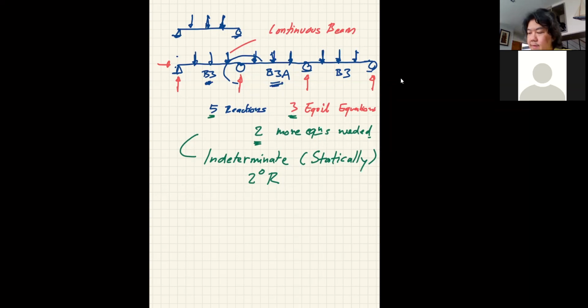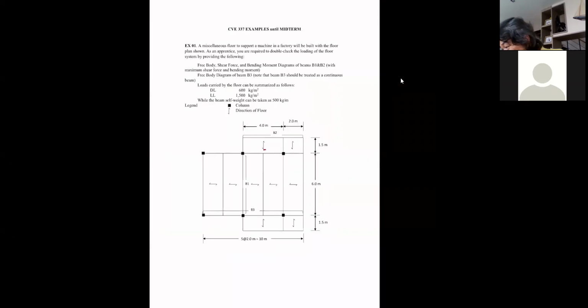And one more thing is this. When you look at this beam like this, we'll come back and work on it shortly. Generally, this is not good naming, because actually this is two spans. So I should not call it B2 in the old days.